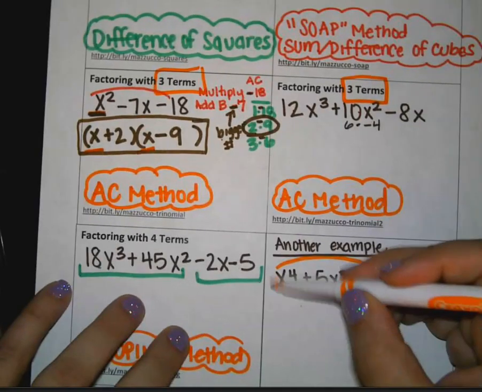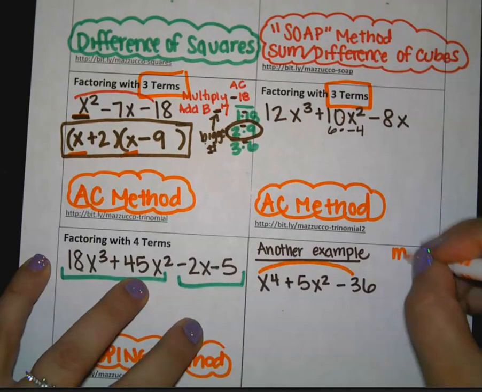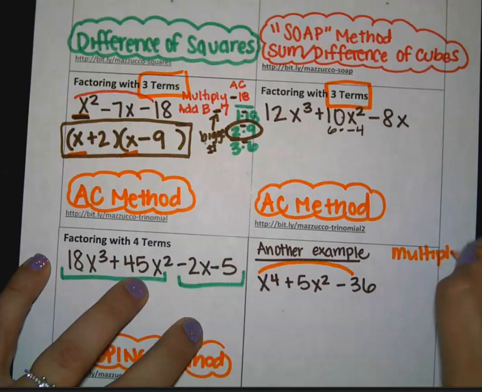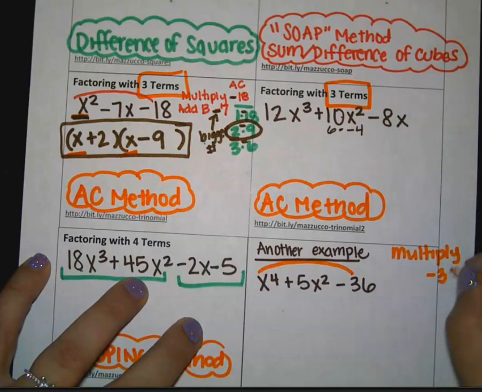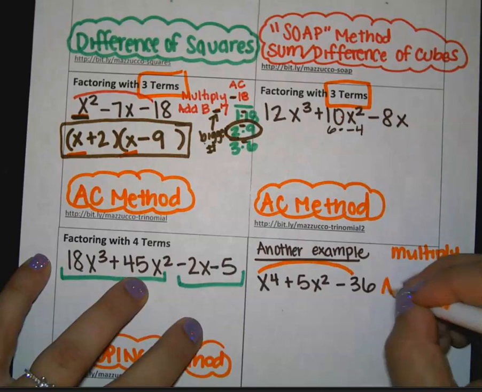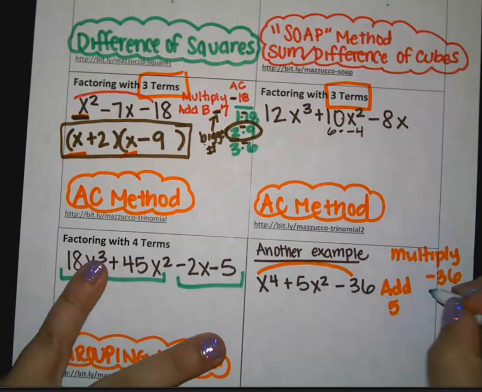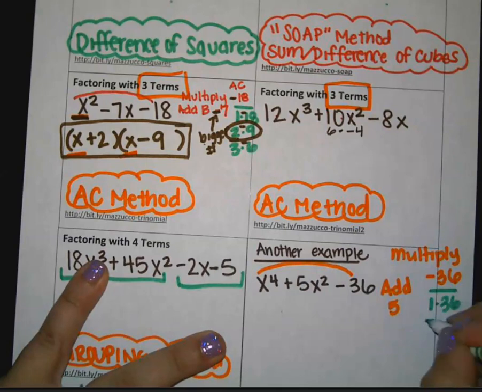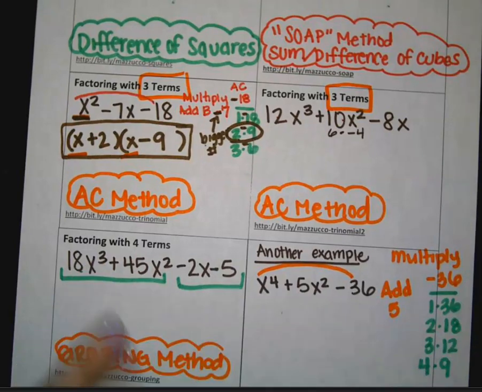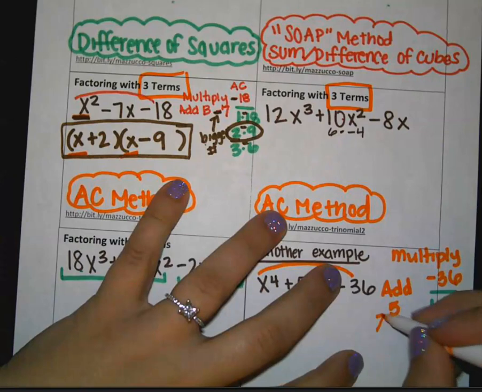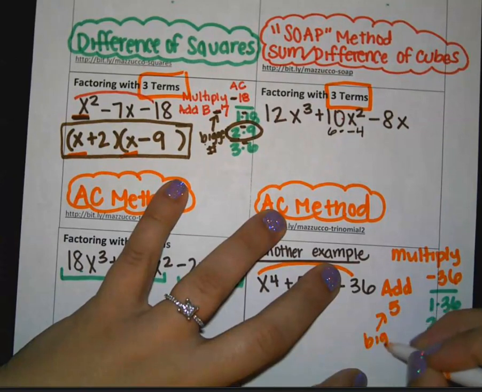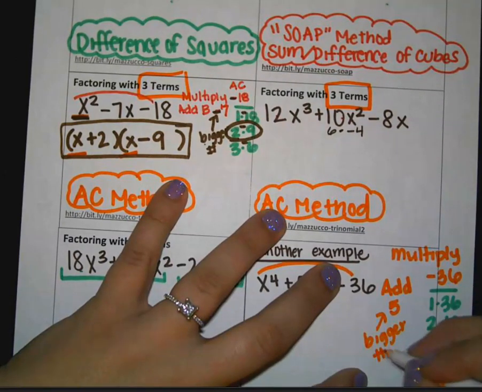And there's nothing here to multiply, so I have to find what multiplies to negative 36, and it has to add to 5. So because it has to add to 5 and 5 is positive, the bigger number is positive.